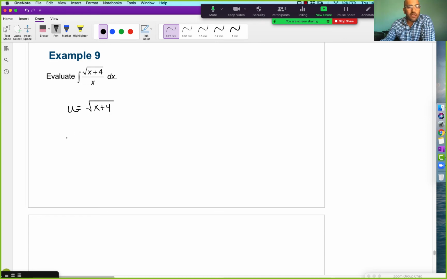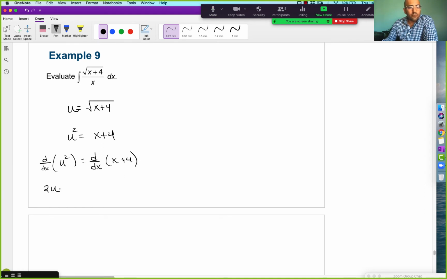So if we square both sides, we end up with u squared equals x plus 4. Then we can use implicit differentiation. Let's take the derivative with respect to x on this side, and the derivative with respect to x on this side.